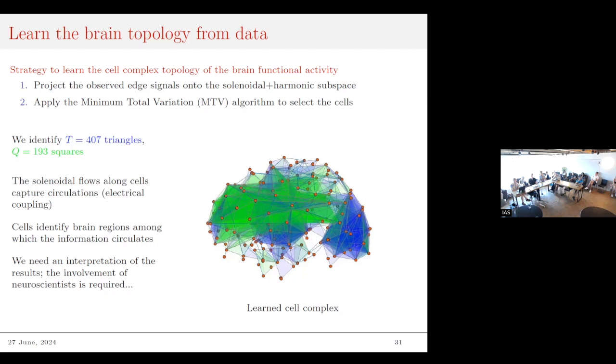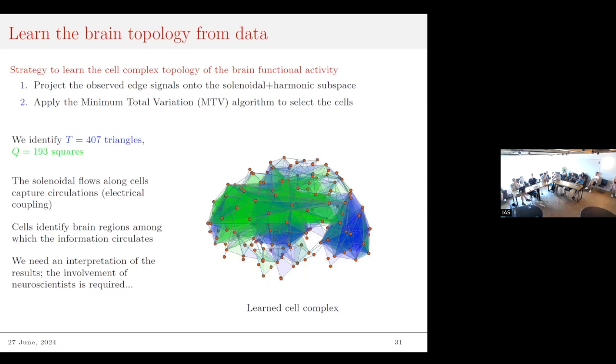I don't know. But also, when you talk about edge signals, there's almost a temporality to the signal, whereas with node signals, you're thinking about something static. Yes. But we will see this part in the next example.